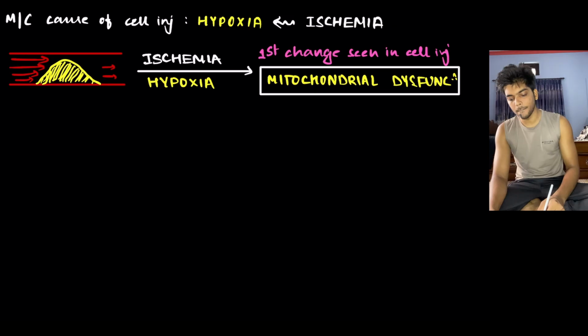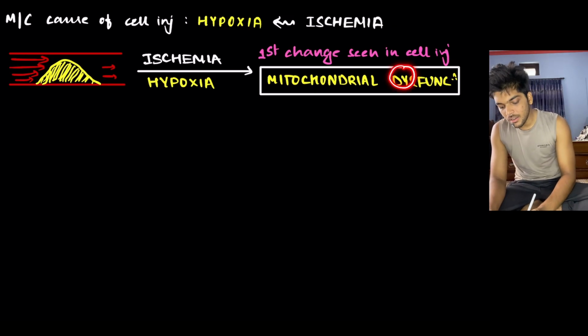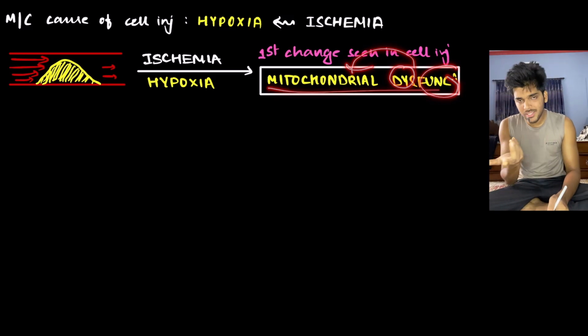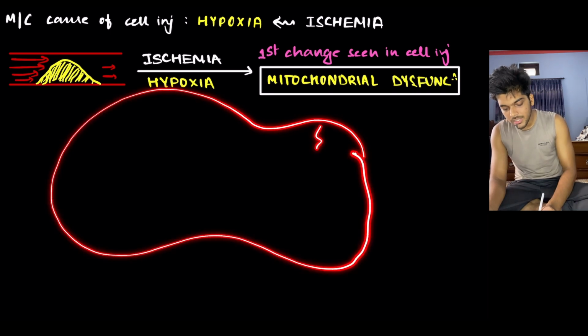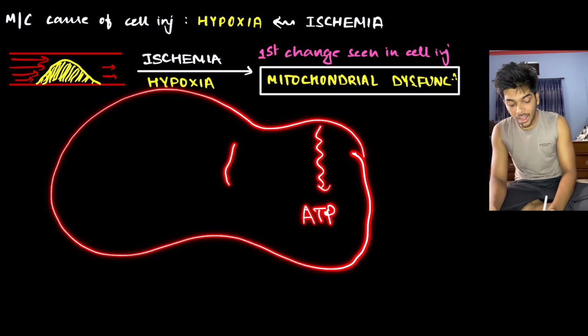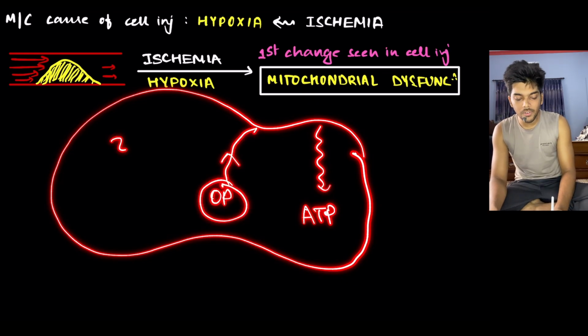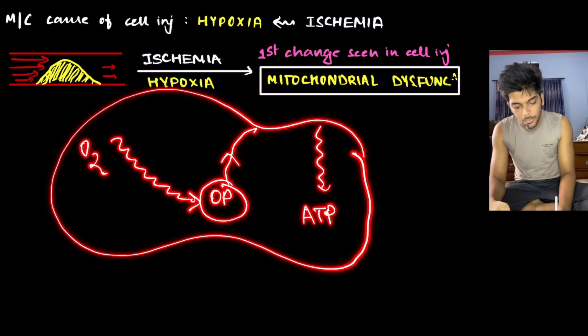Here's why. See, there is dysfunction with mitochondria. What is the function of mitochondria? Mitochondria is responsible for the synthesis of ATP, and it does so after oxidative phosphorylation takes place. And for oxidative phosphorylation to take place, oxygen is required. But since there is hypoxia, there is reduced oxygen supply to the cell.